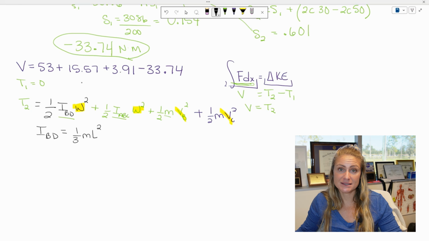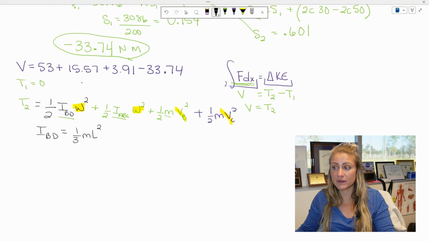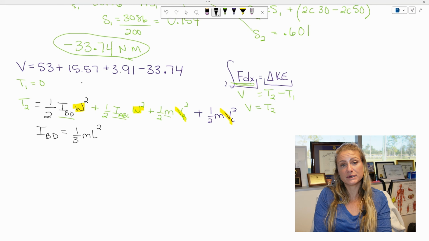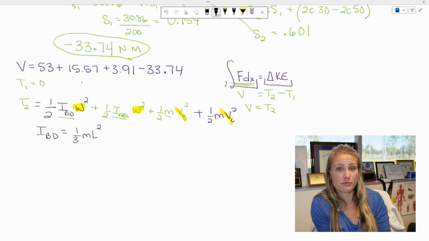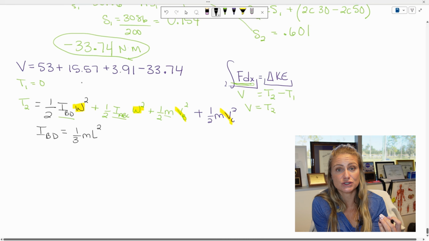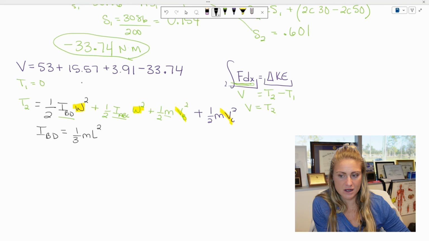I know that because it's a slender bar and it's one of those moments of inertia that's very common that we know of. If I didn't know it and I only knew the moment of inertia about its center of mass, I could use the parallel axis theorem to take it from its center of mass to the axis of rotation. But again, this is fairly common.